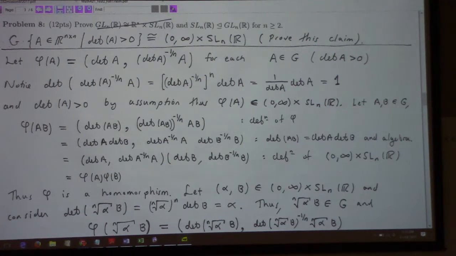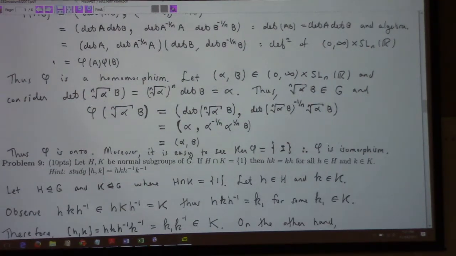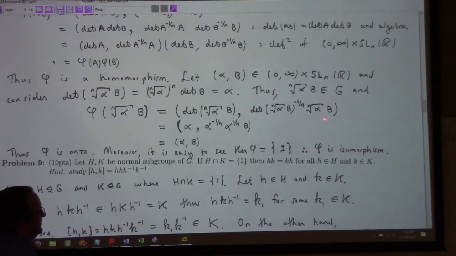I'm sorry, let me scroll down a bit. So the b sits out here by its lonesome, and this, when you calculate, you get determinant of b times this to the minus 1 over n power. I feel like I may have a typo here.